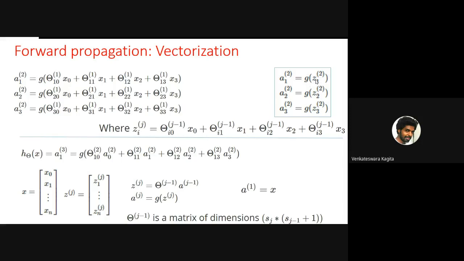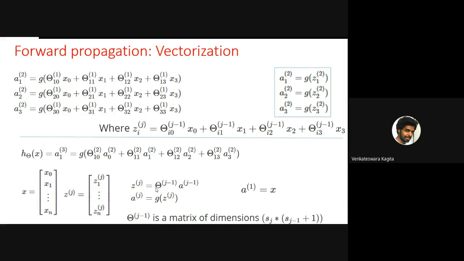A2 is g of Z2, where Z2 is equal to theta 1 times X. So this Zj is equivalent to theta j minus 1 times A j minus 1. These are vectors. This is how you are computing the net sum. And once you get the net sum, you can directly pass it to the sigmoid and get this. So this is a vectorization of the same thing that we discussed in the previous slide.